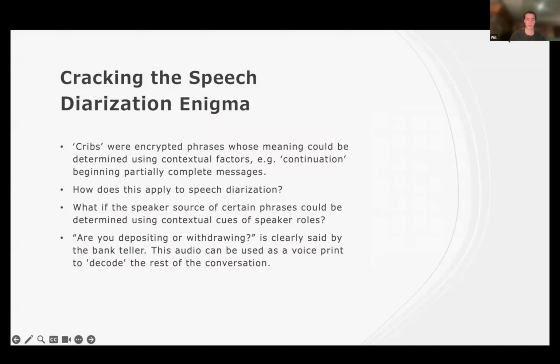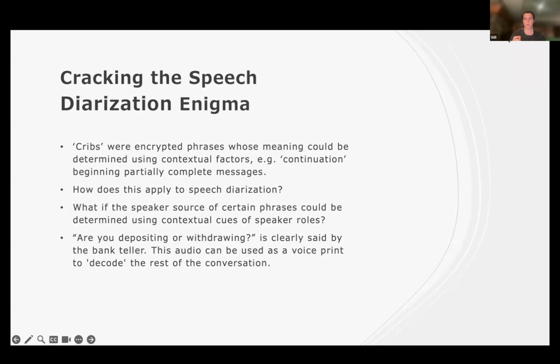Some of you might be familiar with the Enigma machine, which was used by the Germans in World War II to encrypt their communication. Something I found interesting is that when the English were cracking the Enigma machine, something really helpful in deciphering the messages were plain text phrases called cribs, which play a big role in cryptography to this day.